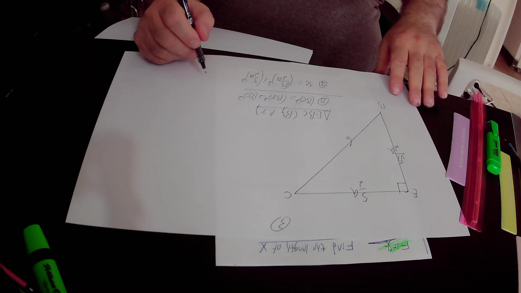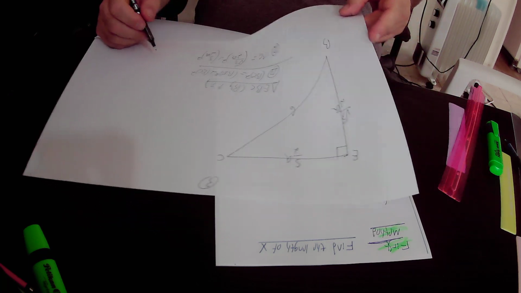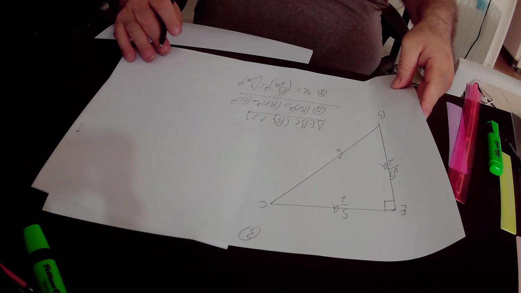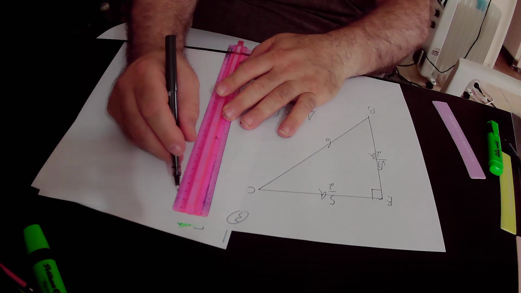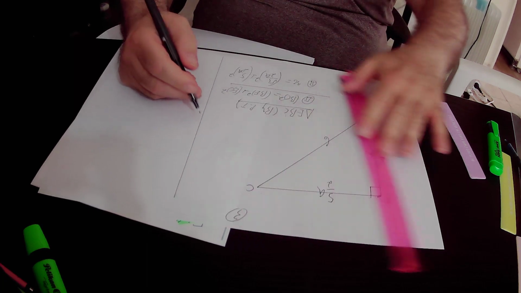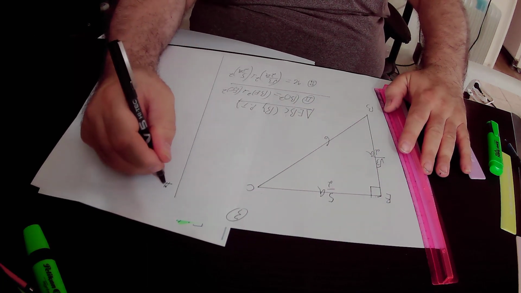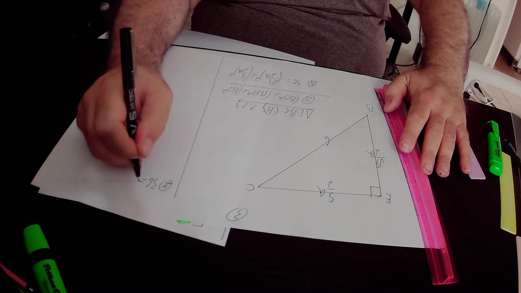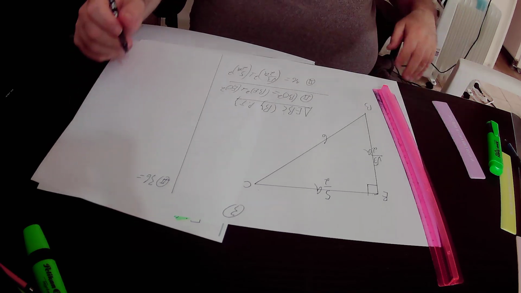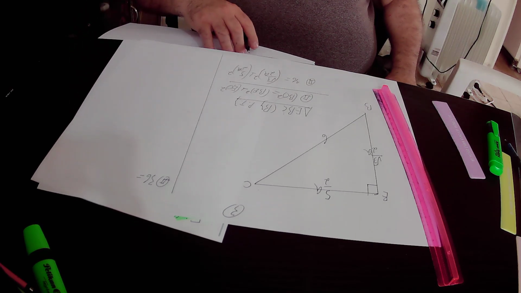So we will open the brackets on this side of equation number 2, and we get that 36 equals square root of 3 over 2 times A squared.